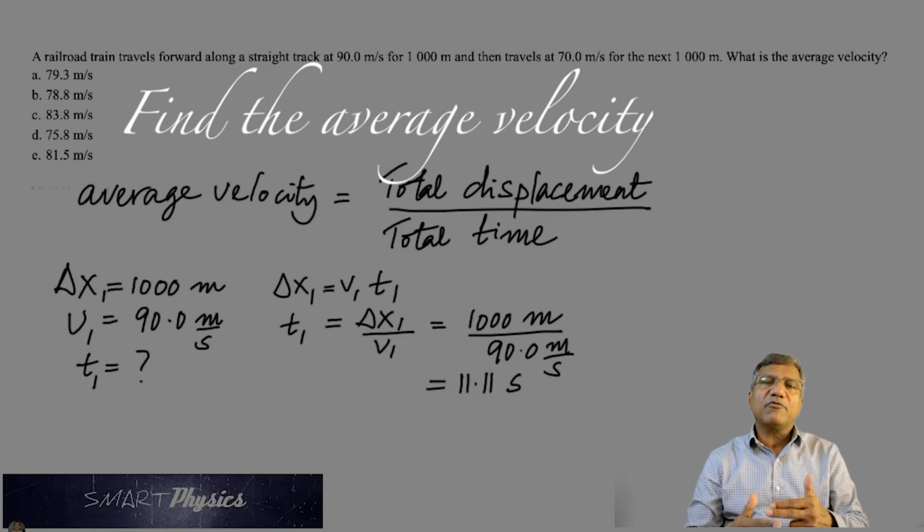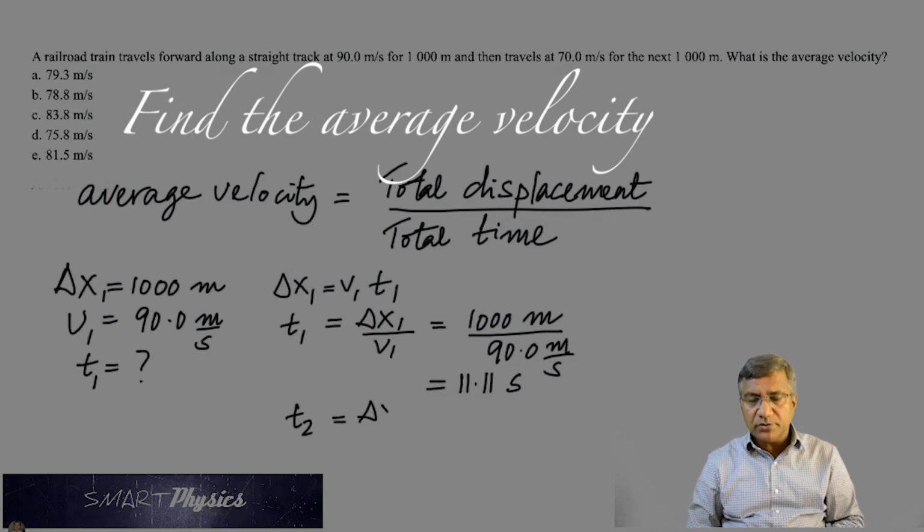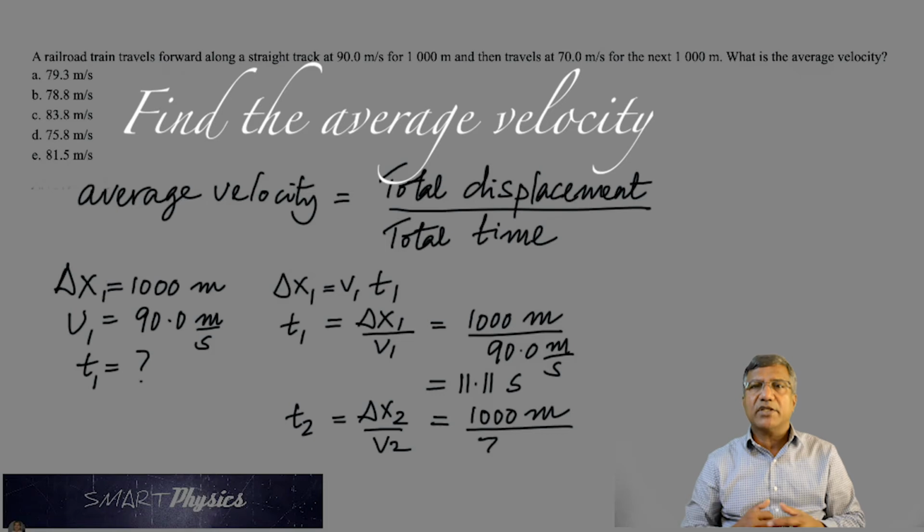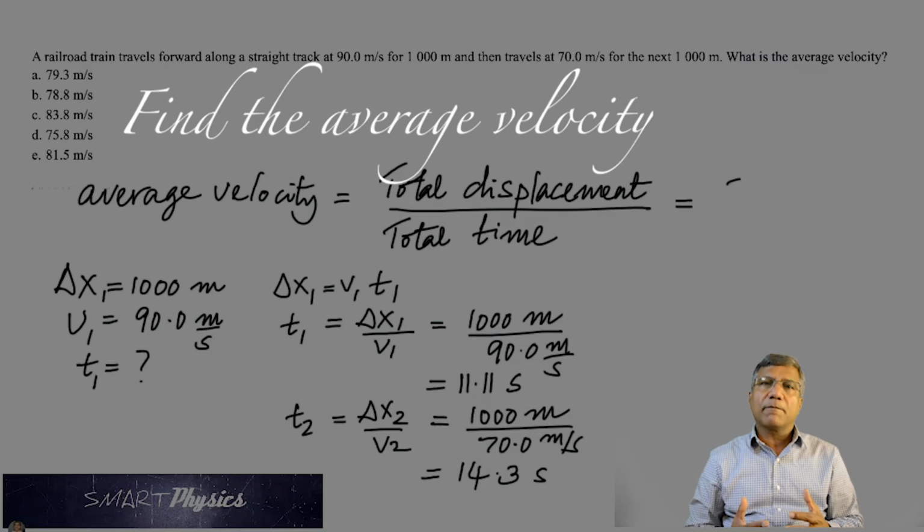Do the same for the second case and find the time. In this case, the time, t2, is again delta x by velocity. It's 1000 divided by 70 this time. And 1000 divided by 70 is 14.3. So now we got both the times.